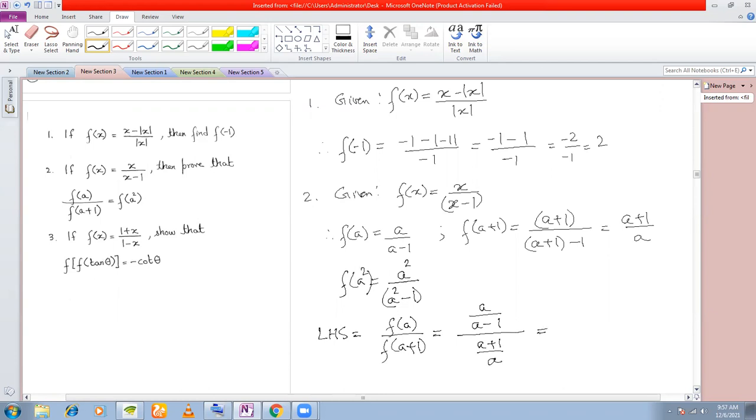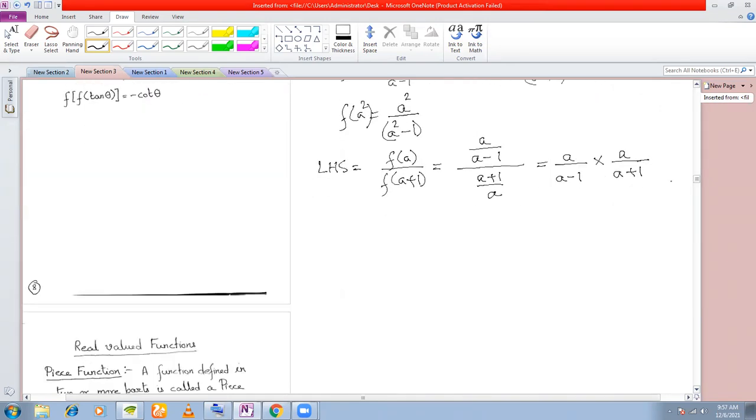So you get a by a minus 1 into a by a plus 1. So you get a square in the numerator divided by a plus 1 into a minus 1 in the denominator. So you are getting a square by a square minus 1, which is equal to f(a square), which is your right hand side, and that is proved.